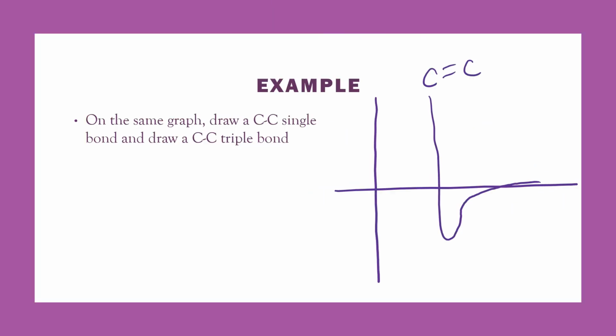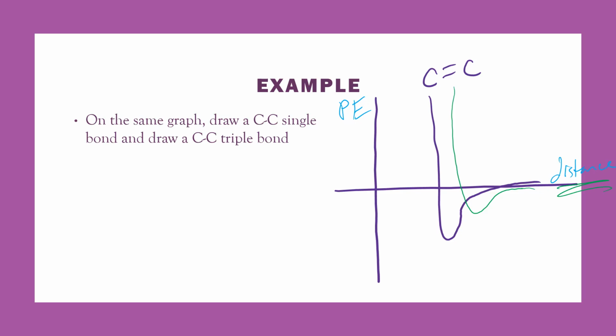So here's an example of a potential energy diagram. I didn't label my axes, but let's say this is your potential energy and then distance. So if I wanted to draw on here a carbon-carbon single bond, the single bond will have a greater distance because the single bond is longer, but it will also have a higher potential energy because of the lower bond energy required to break that apart.